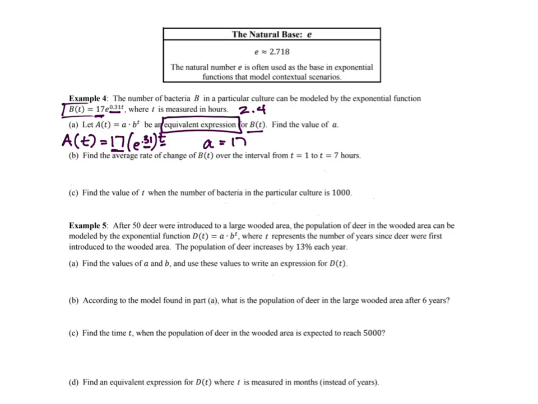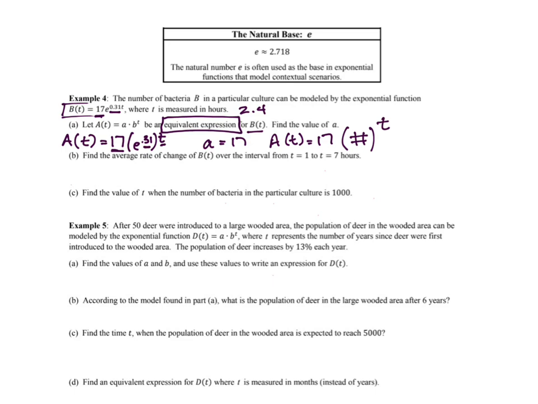So my new function, A of t, would actually be 17 times whatever that new number is to the t power. You would get a decimal on that. It'd be rounded at best. The question is, though, what's a? And a is still 17.